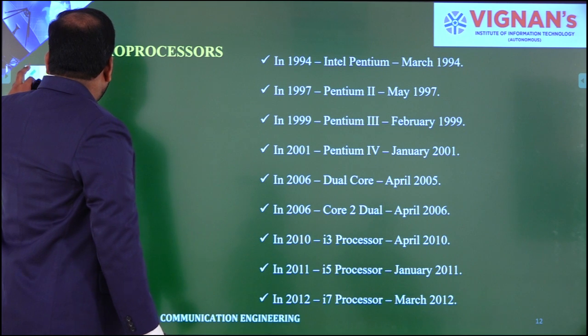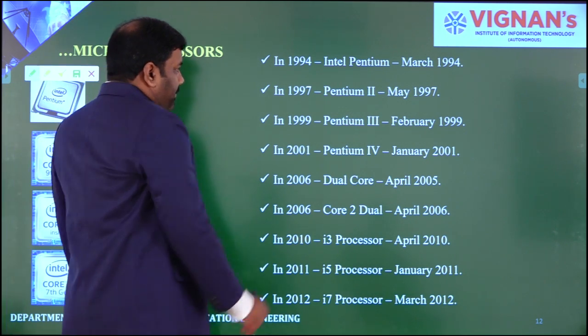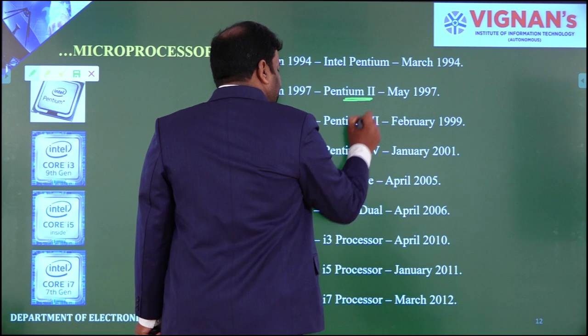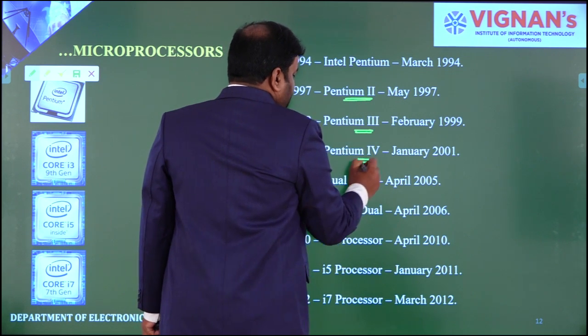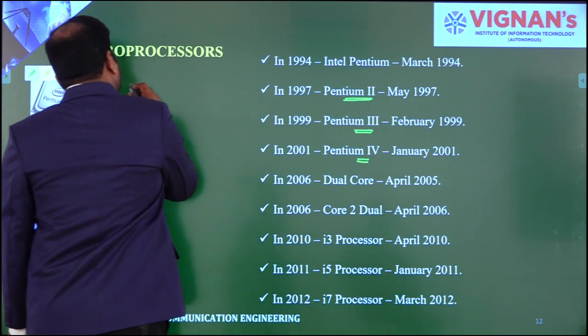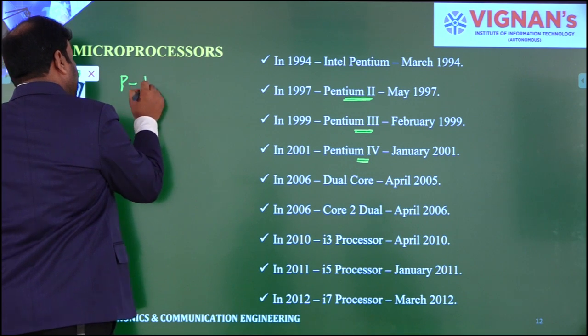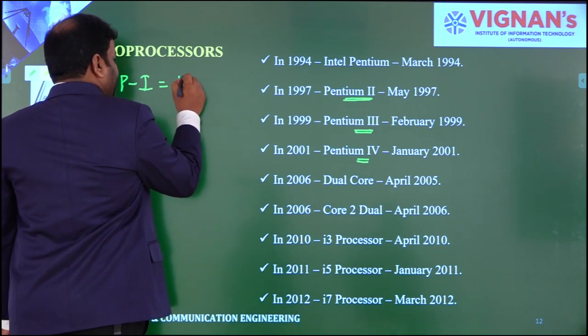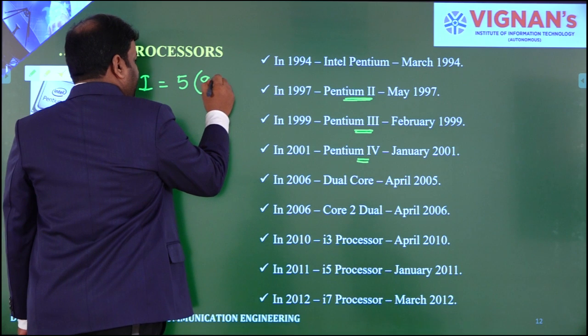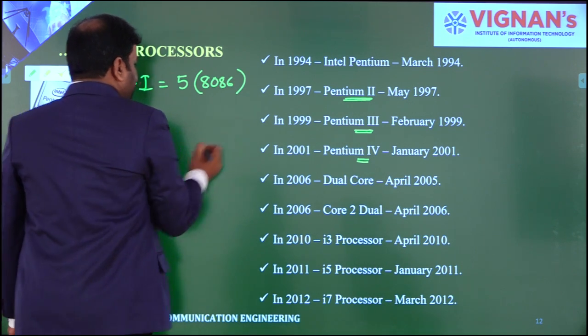The next ones are Pentium 2, Pentium 3 and Pentium 4. P1 is nothing but a Pentium having 5 8086 processors.